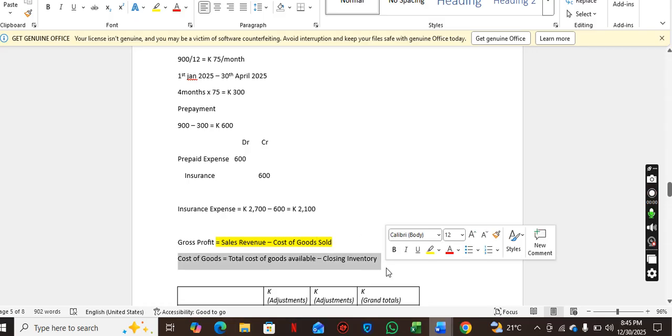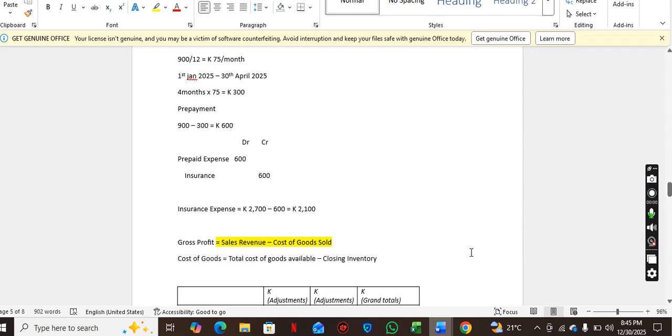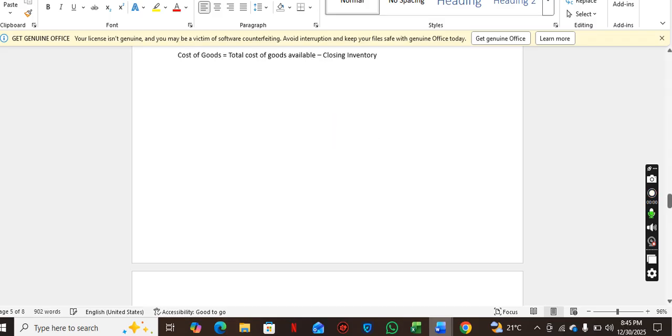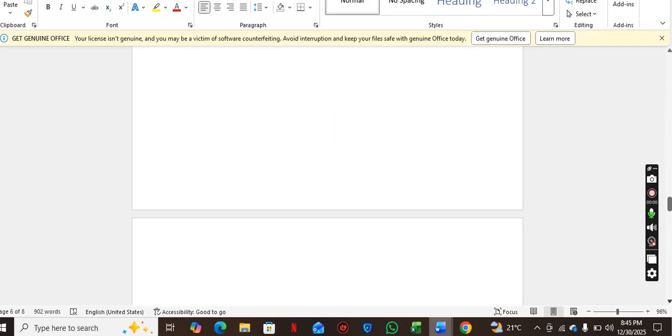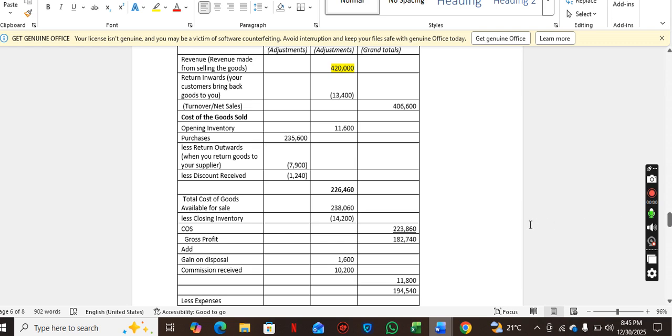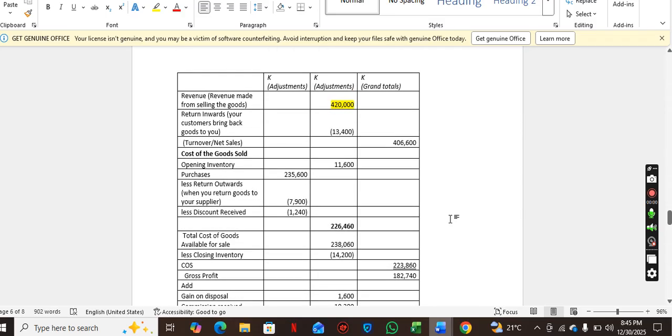Then these ones in between, you won't see them in the grand total. Now colleagues, please remember, don't try to memorize this. I'll give you a lot of questions to practice. Just understand.